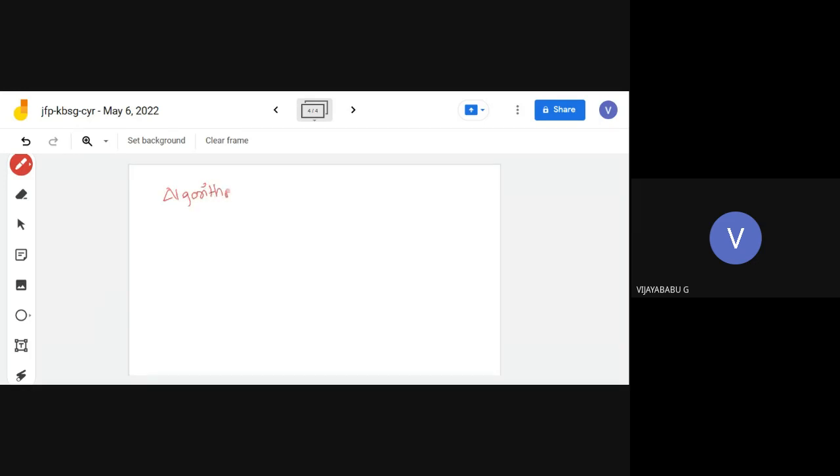let us consider this algorithm. It's a non-recursive algorithm.